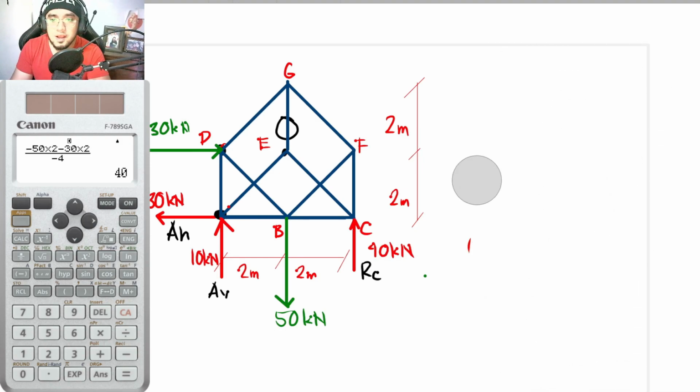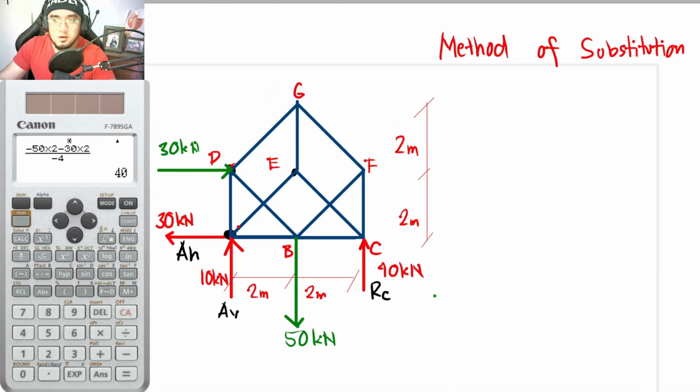Okay, so I will be erasing this already. So method of substitution. Okay, so again, in order for you to make use of method of joints effectively, you must have at least one joint with a maximum of two unknowns.